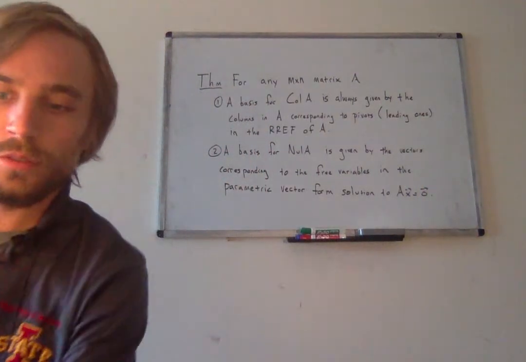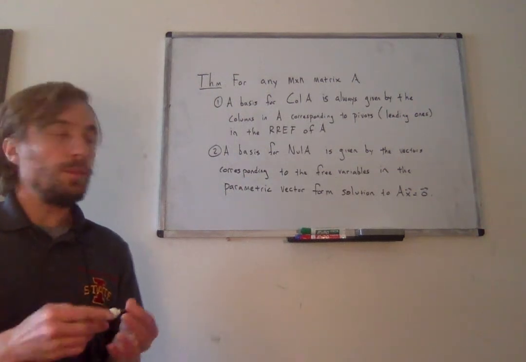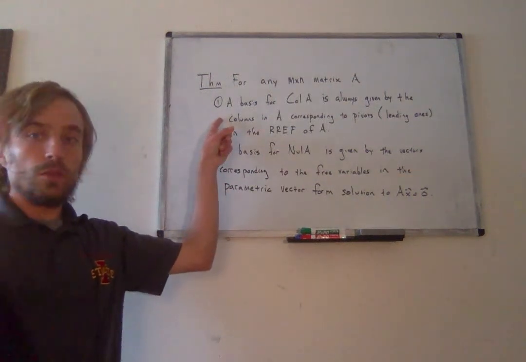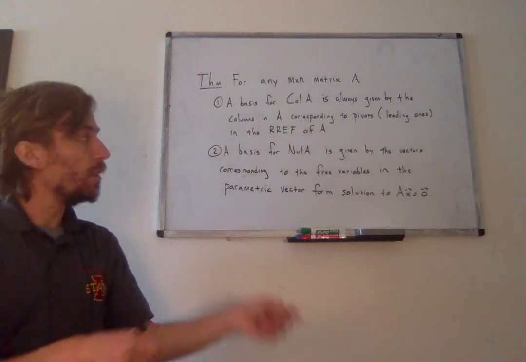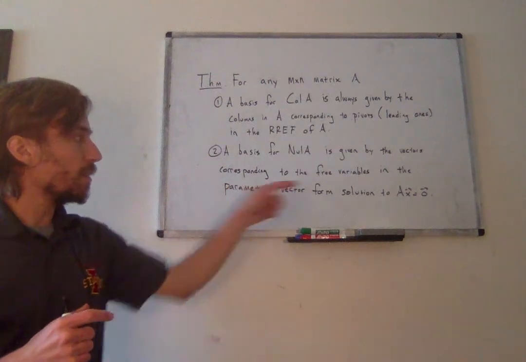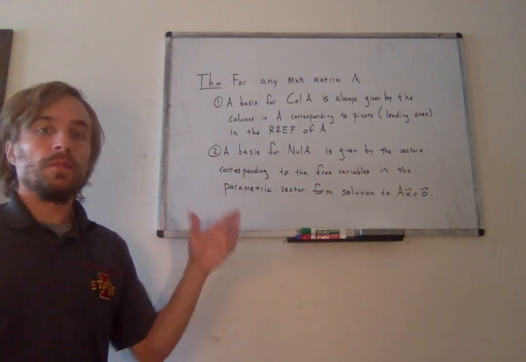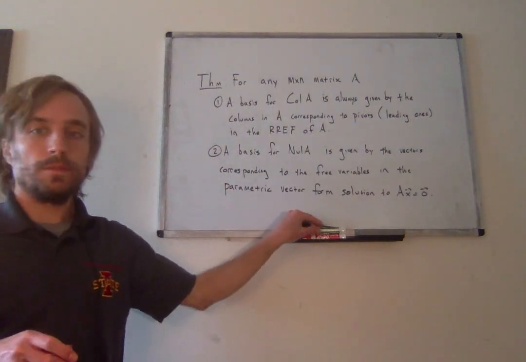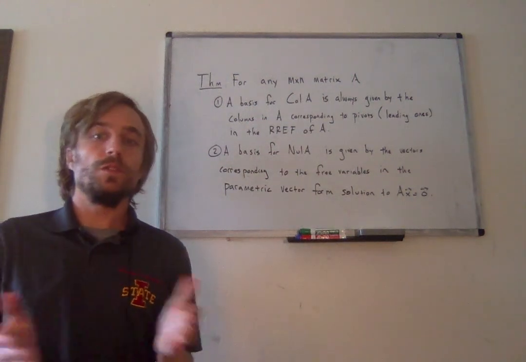And so what you can do, if you're asked to find bases for both of these, which often you will be: row reduce A, find the pivots, go back to A. Those columns in A correspond to a basis for the column space of A. Then take that same row reduced matrix, use it to express the solution to this equation in parametric vector form. Those vectors that you get are your basis for the null space. So that wraps up section 4.3, and next we'll move into 4.4.